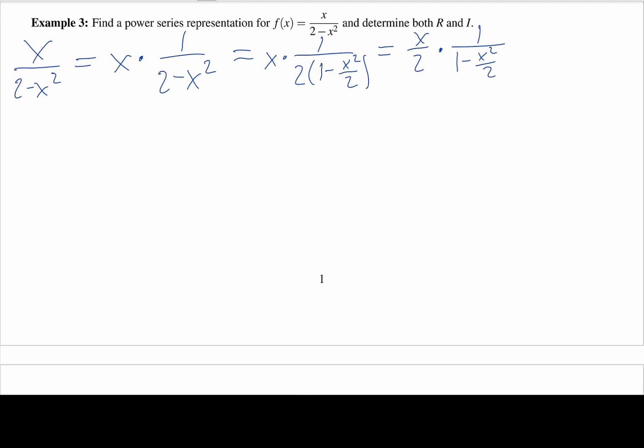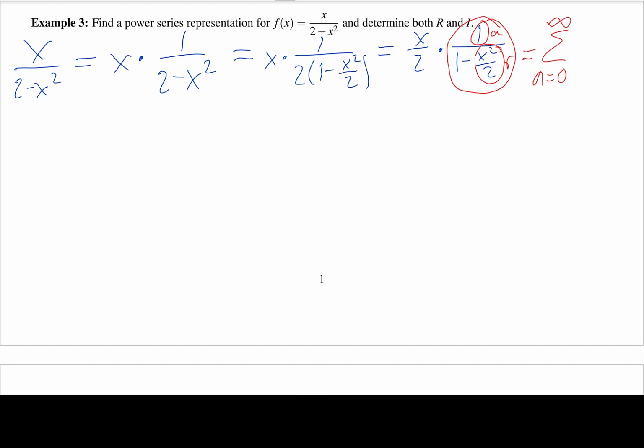And so now I'm going to represent this part with a power series. Right, so this, what I've circled in red, would be equal to the sum from n equals 0 to infinity. Well, let's see, our a is this part, that's a. And then our r is sitting right here.